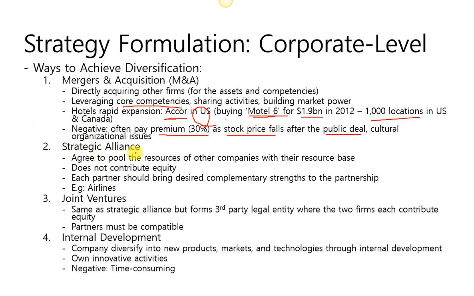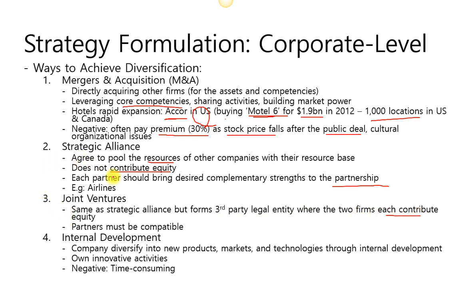You could also do strategic alliance. You don't have to contribute equity, but just share resources, the pool of resources. And each partner should bring the desired complementary strength to the partnership. You could do joint venture. It's the same as strategic alliance, but it forms a third-party entity, where each firm contributes to the equity.